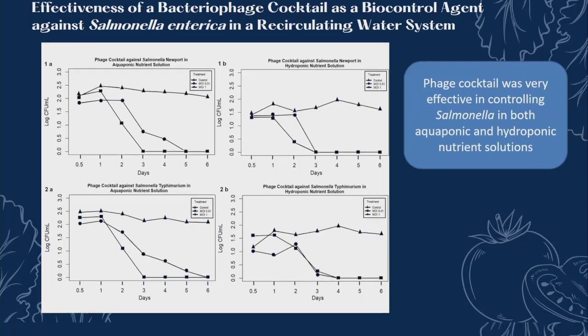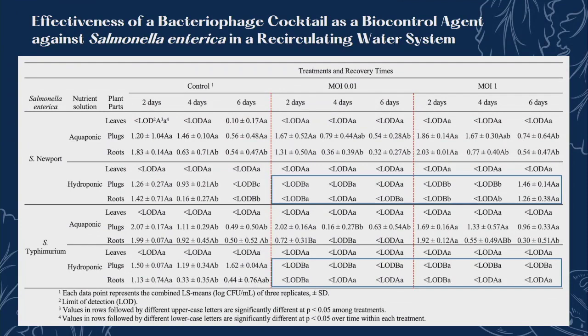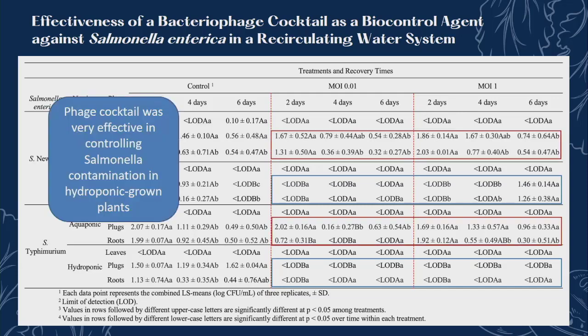But here, we only saw levels reducing to below the limit of detection for the hydroponic nutrient solution, but not much for the aquaponic nutrient solution. So phage was very effective controlling Salmonella contamination only on hydroponically grown lettuce in this experimental design.